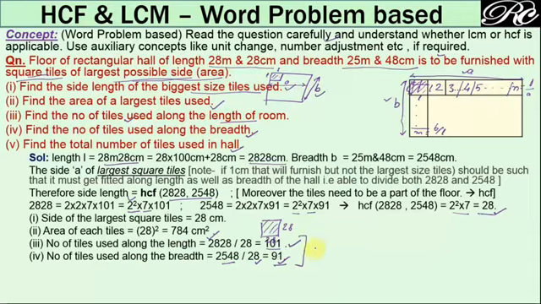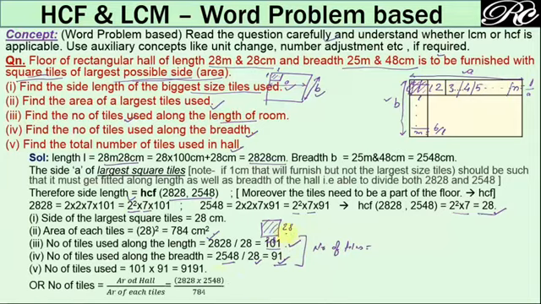Now the total number of tiles can be calculated by just multiplying these two, because this much is the row and this much is the column. So number of tiles, multiplying 101 by 91, is 9190. This number of tiles can also be calculated alternatively by taking the ratio of area of hall to the area of one tile.